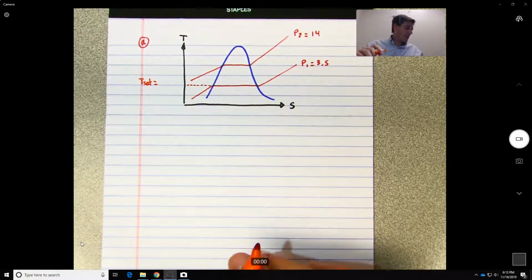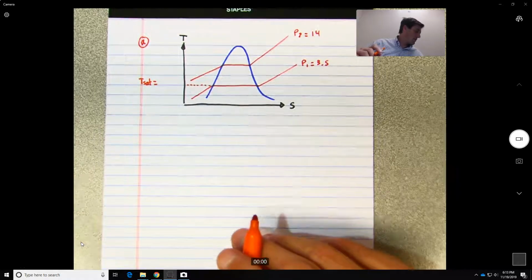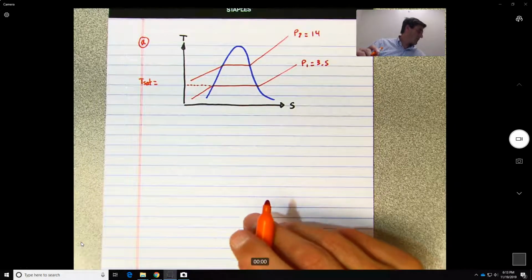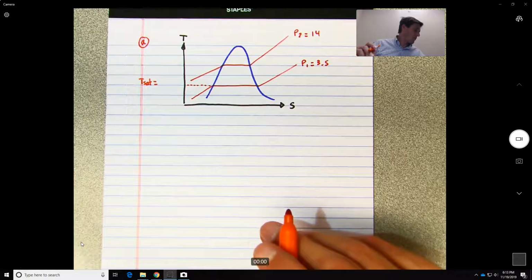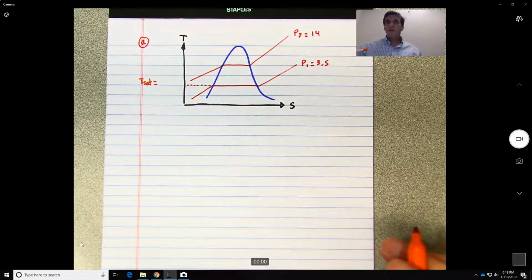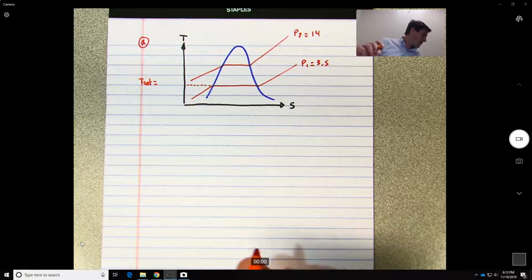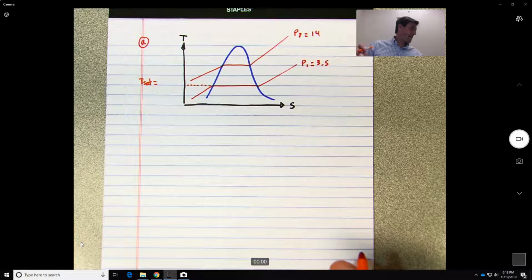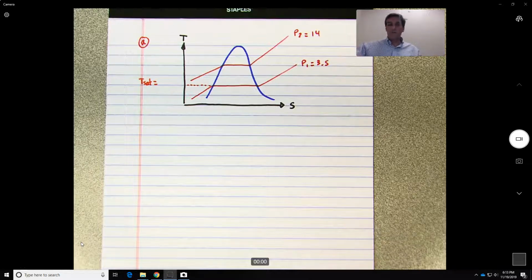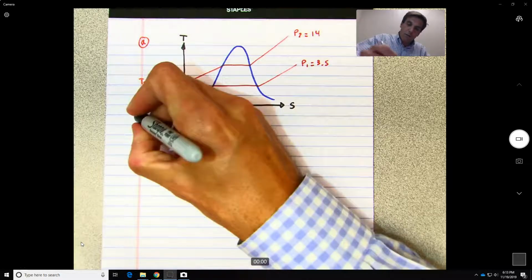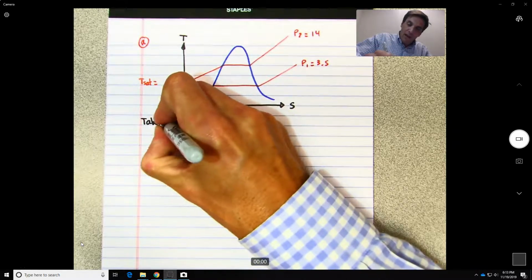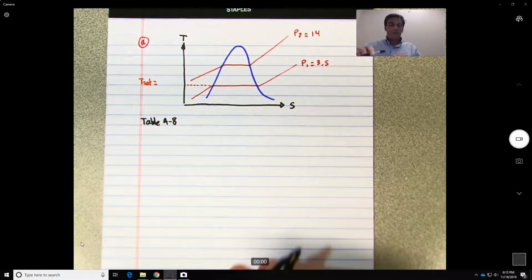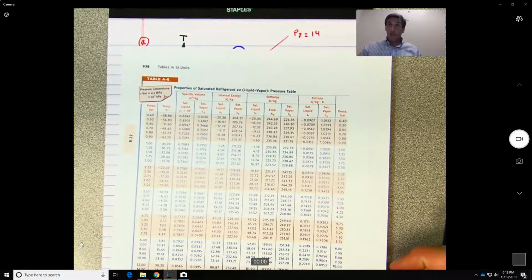And we can get that information from the table, let's see. Table A8 that I have over here. So let me write it down. So from table A8, which is for the refrigerant, the tables are attached.